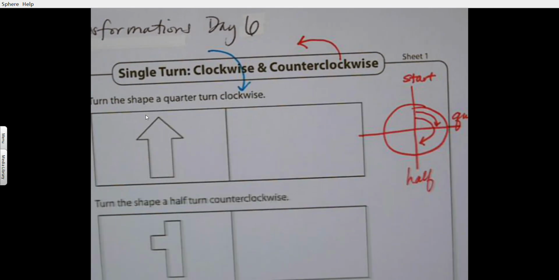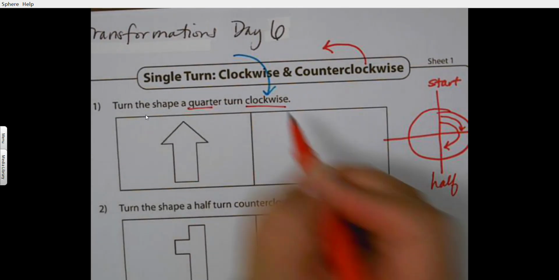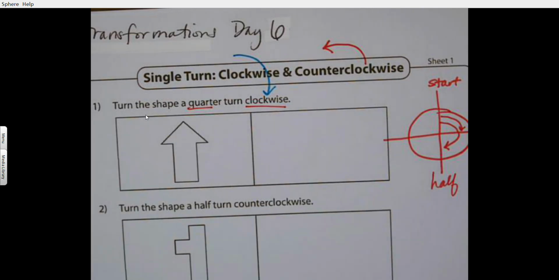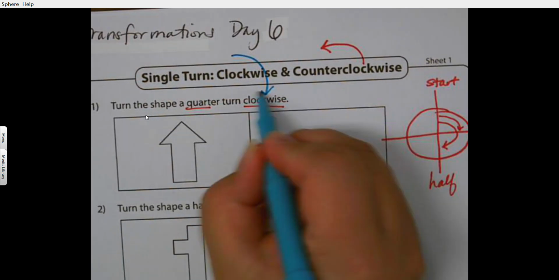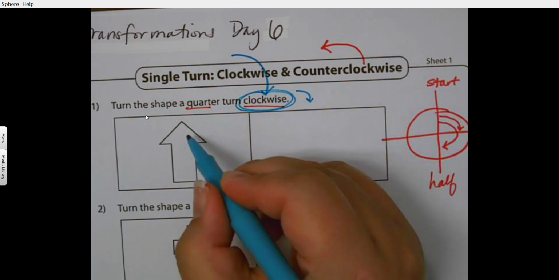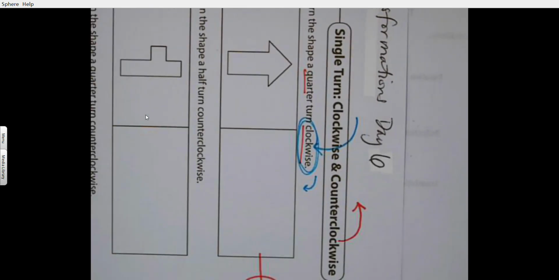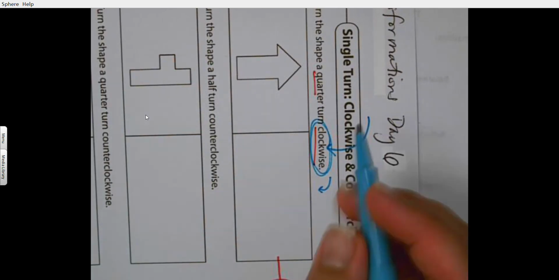Okay. So if I need to turn the shape a quarter turn clockwise. Clockwise, okay? Clockwise is blue. I know I'm turning this direction. So a quarter turn is 90 degrees. If you want to visualize it, turn your paper a quarter turn, 90 degrees.